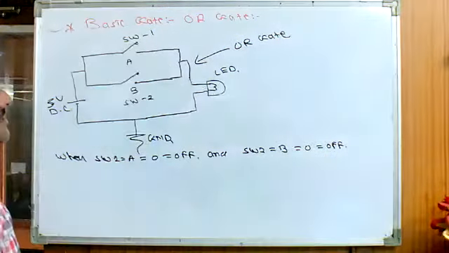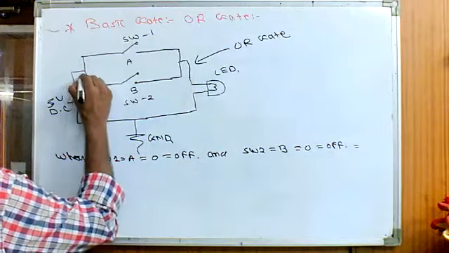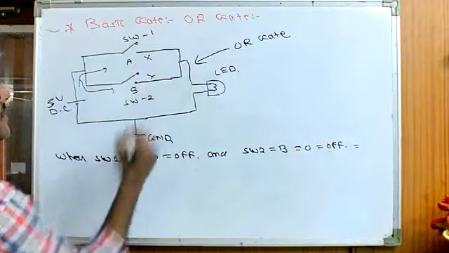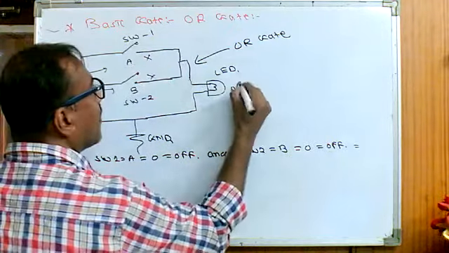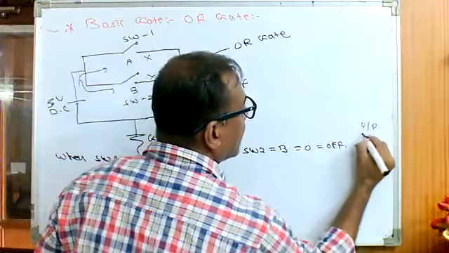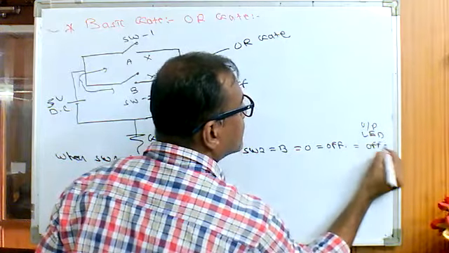This first condition is off, so no supply voltage is transferred here, nothing passes to the LED. So the output LED is off, meaning 0.